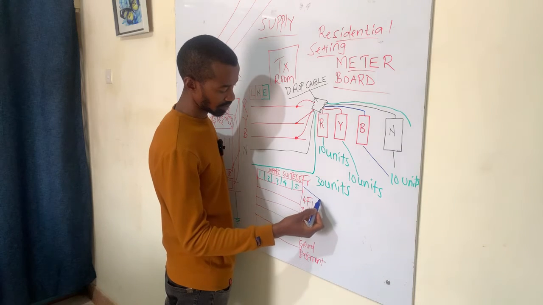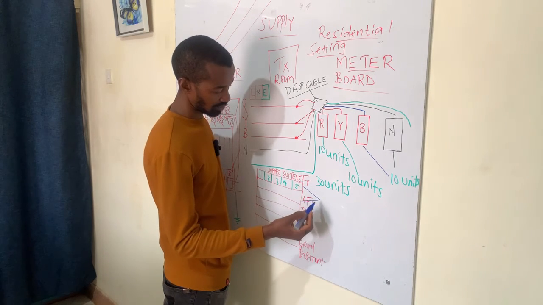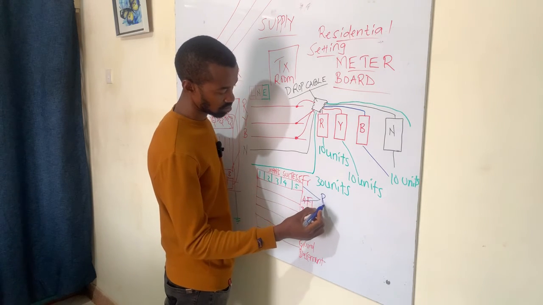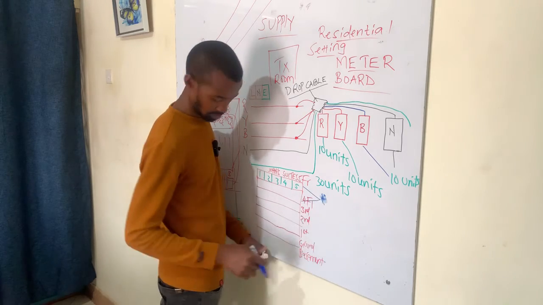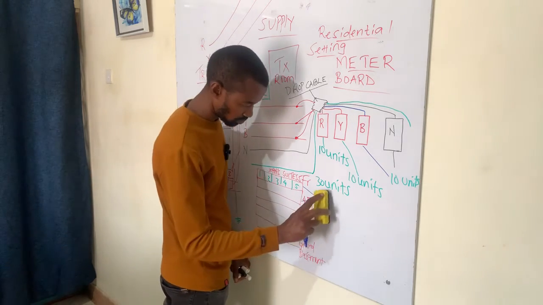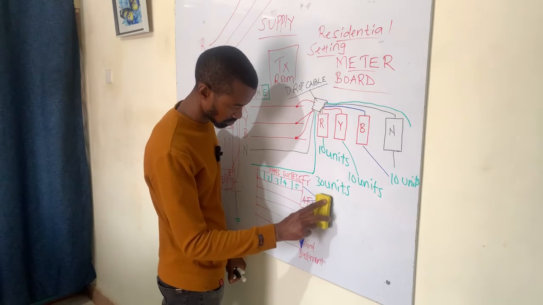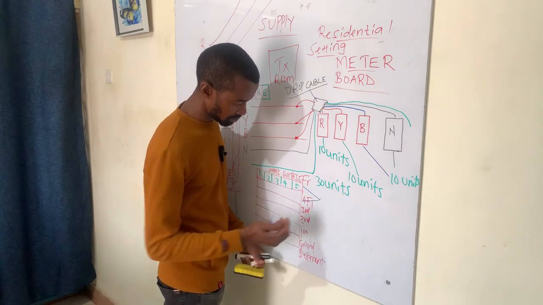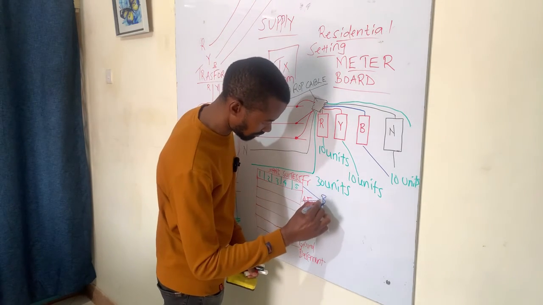So I take the fourth floor and the fifth floor and have them dedicated to a blue phase.